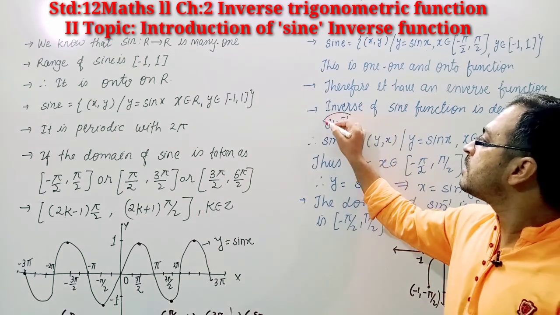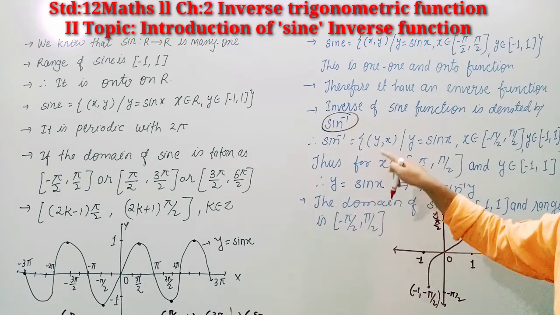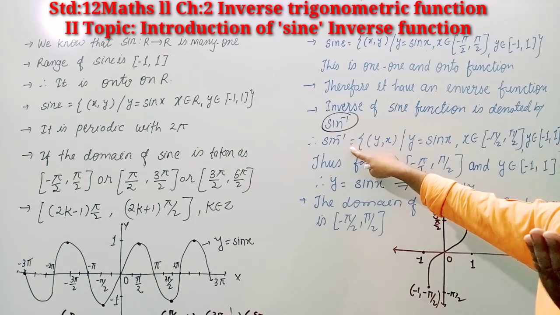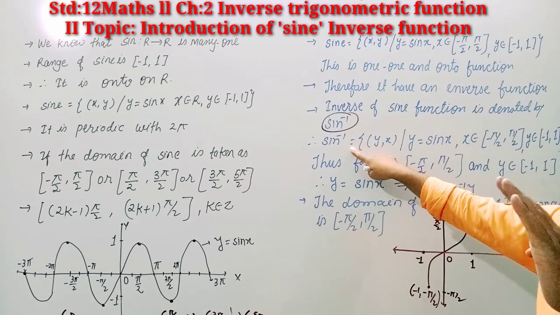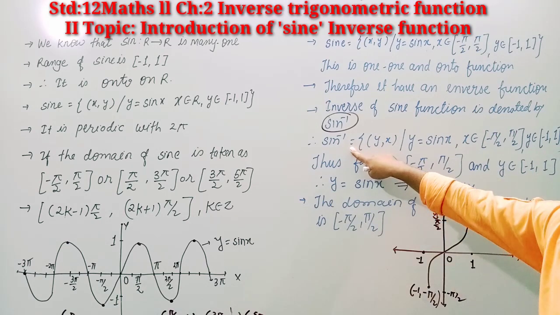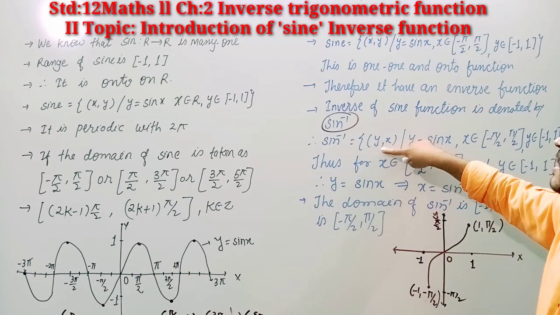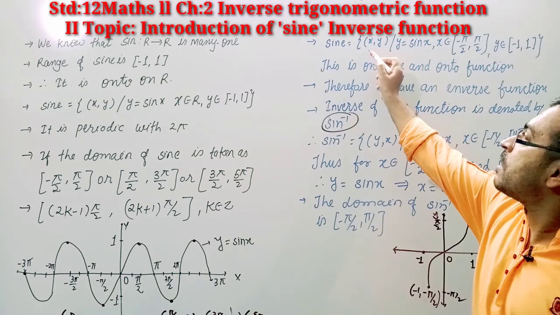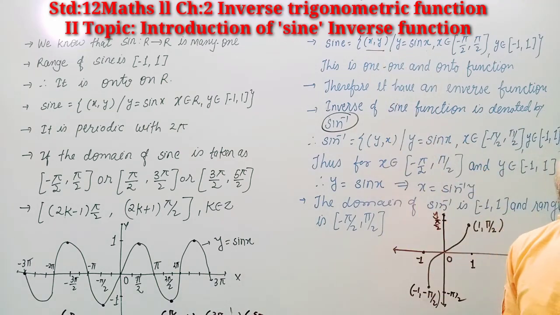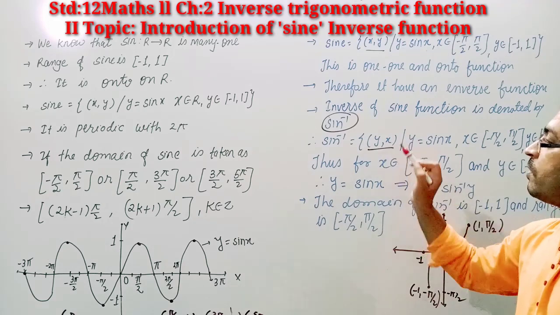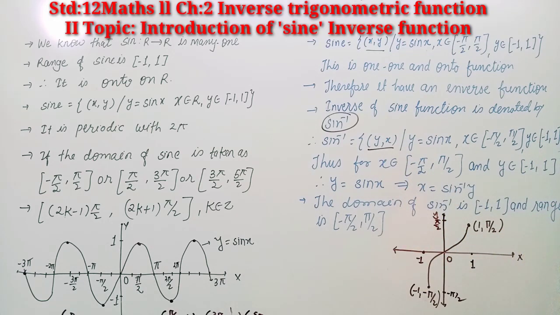This is sine inverse. So in sine inverse, the domain will be changed into codomain, and range will be changed into domain. So here you can see that the components are changed. Here initially the component was in the form of xy. If you are taking the sine inverse, the component will be in the form of yx, right students.